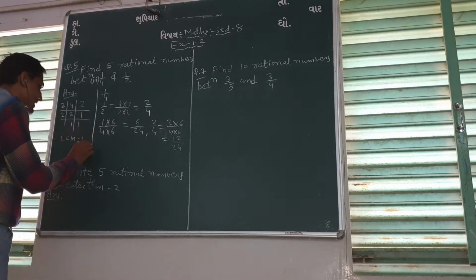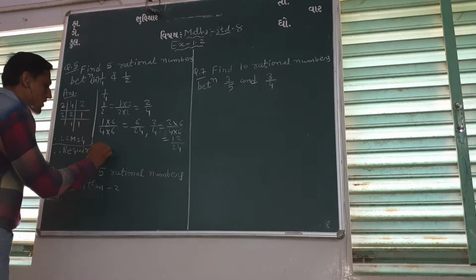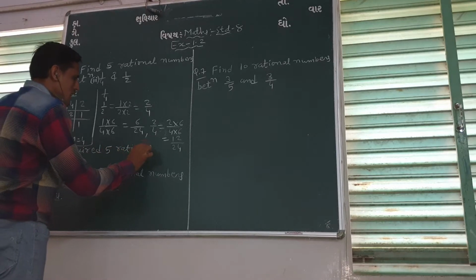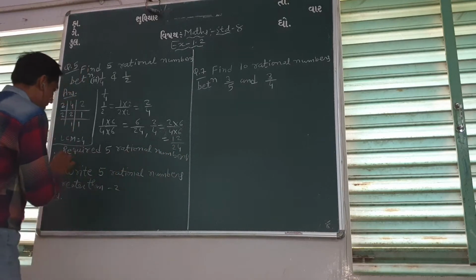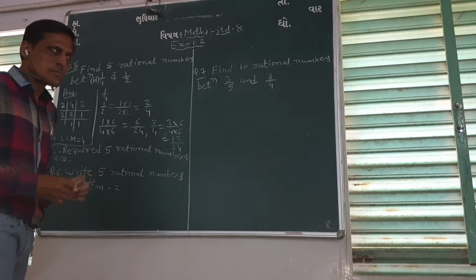So we can write, therefore, the required 5 rational numbers are: after 6 what will come? 7.